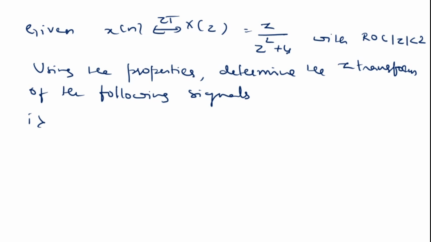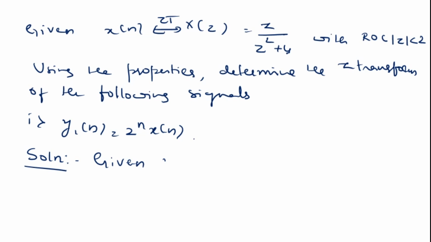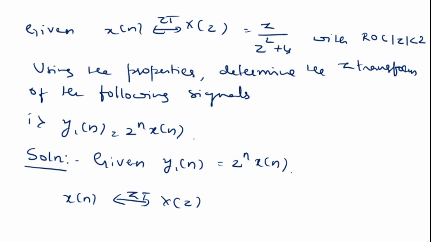First one, y1 of n is equal to 2 to the power n into x of n. It is given y1 of n is equal to 2 to the power n into x of n, and if we take the transform of x of n, we get x of z which is equal to z divided by z square plus 4. It is given with ROC mod z is less than 2.